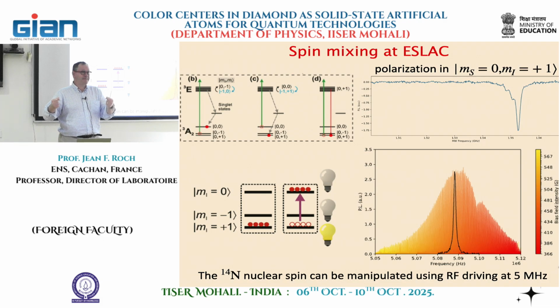Okay? So if MS equals 0, this will be bright. So MI equals 0, or this one, for example, or MI plus 1, this will be linked to MS equals 0. And since it is MS equals 0, it's a bright state.